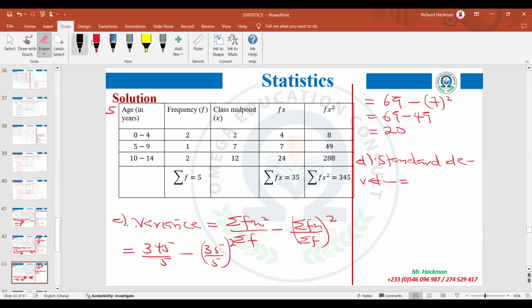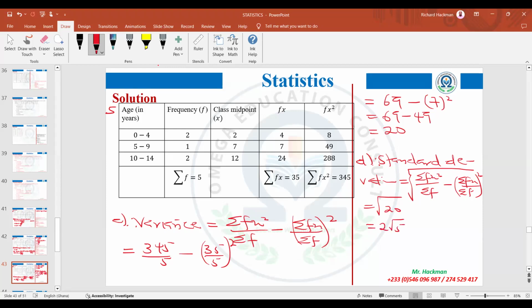Let me use the other approach so that you can appreciate. It will be the root of sigma fx squared over sigma f minus sigma fx over sigma f, the whole of that squared, which is the same as what you've done over here. So that will be root of 20, which gives us 2 root 5. I've told you usually, if possible, leave it in terms of decimals, so we'll ask you to approximate it. Is that clear?